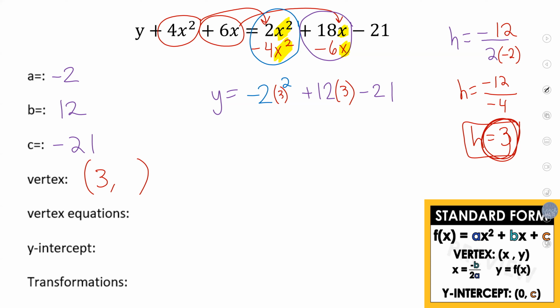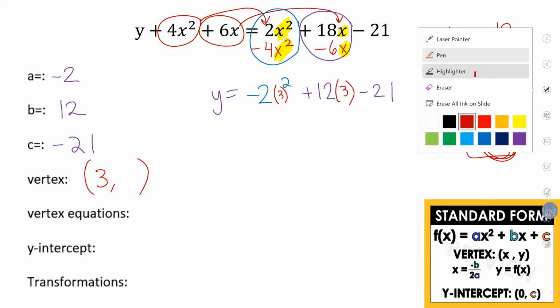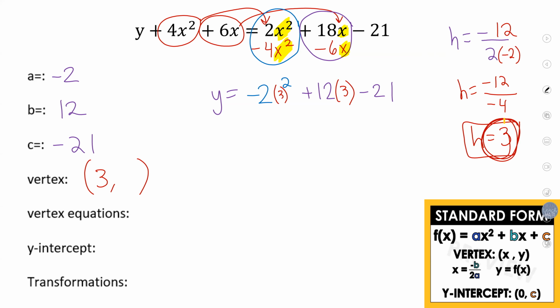Now let's evaluate. Remember, you have to do exponents first. So 3 squared, what will that be? 9. And then 9 times negative 2? Negative 18. Plus 12 times 3 is 36.